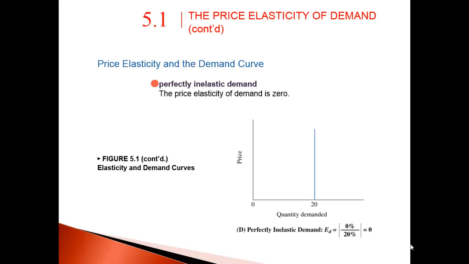So in this particular graph, you're always going to buy 20 of that particular item. Whether you set that price at $1 or you set the price at $1 million, as long as you have the income to pay for it, you're always going to see them buy exactly 20.